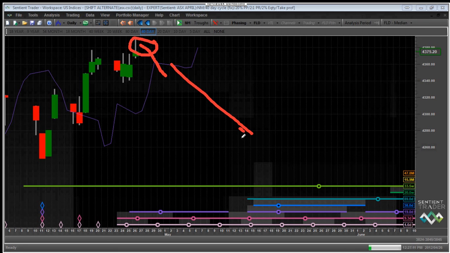But effectively we are expecting price to form a peak fairly soon, which is probably going to be the peak of the current 40-day cycle, and then in simple terms the market is going to move down towards a trough of the 40-day cycle, which is expected towards the middle to the end of May of this year. Okay, so we're expecting the market to start moving down.